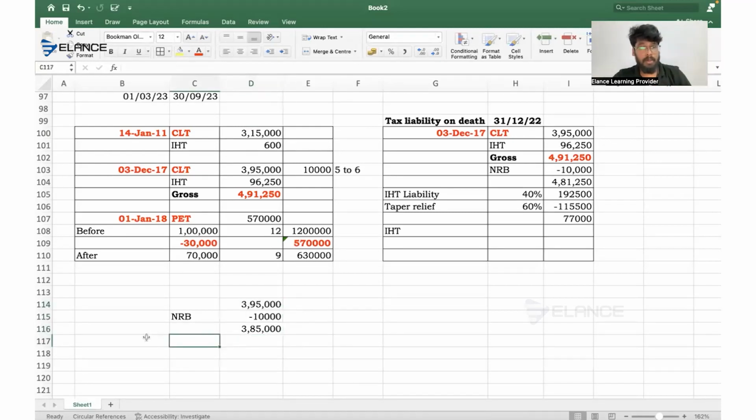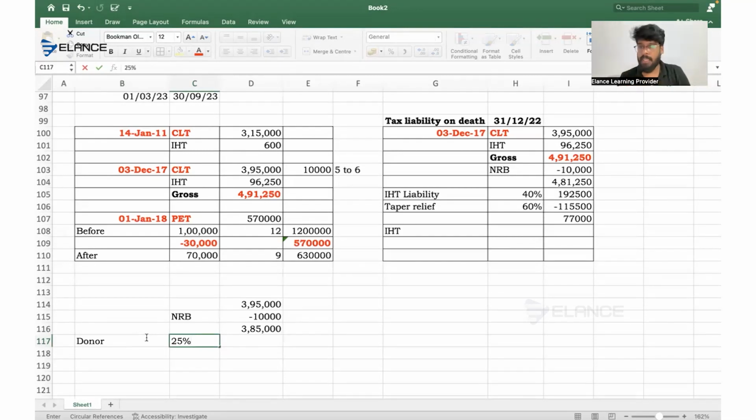Here the donor is paying the tax. In the lifetime, if the donor pays the tax, the rate will be 25%. If the donee or the trust is paying the tax, the rate will be 20%.